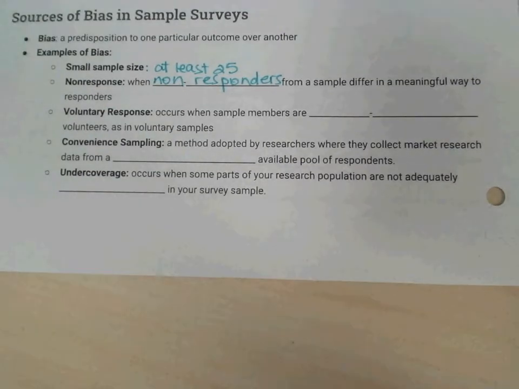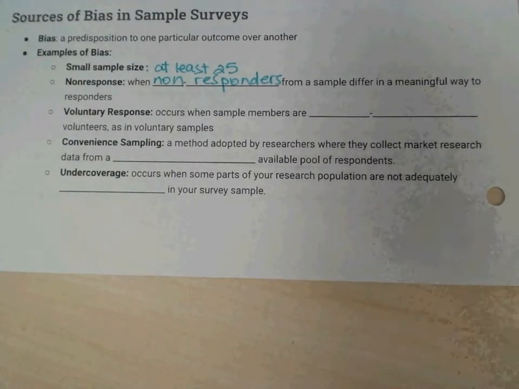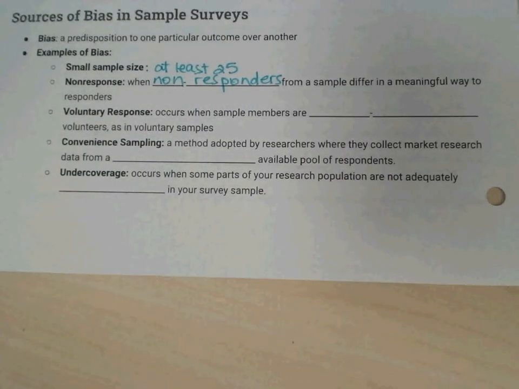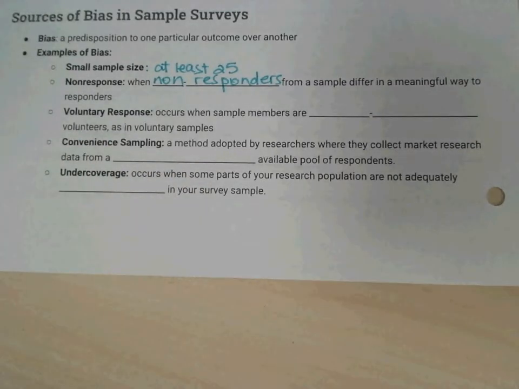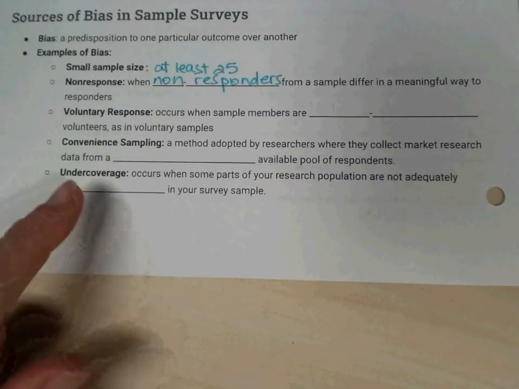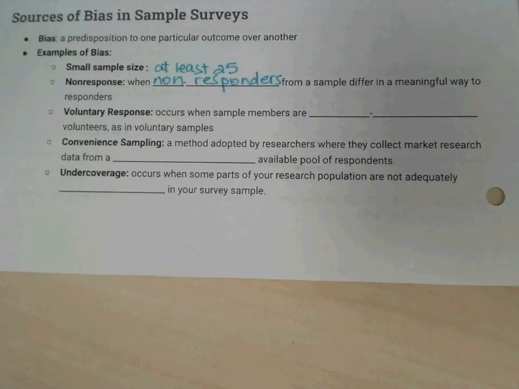So the non-responders, people who choose not to respond to the Butler Tech surveys, is there something that they all have in common? Or is it just kind of random? Upon my observation today, it feels really random. So I don't know that there is a common thread there. But if there was, we would be dealing with non-response bias.